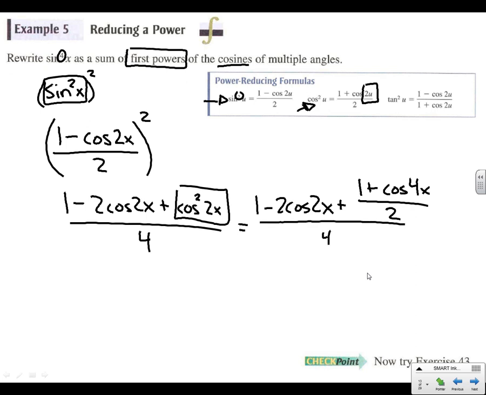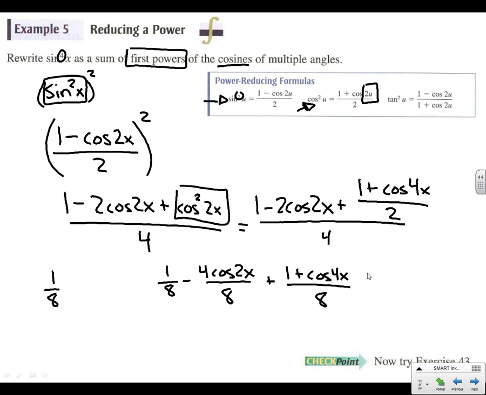And if we get common denominators here, we're going to have 1 over 8 minus 2 over 4 turns into 4 cos 2x all over 8, and then plus 1 plus cos 4x all over 8. We could put this whole thing together by pulling the 1/8 out front.